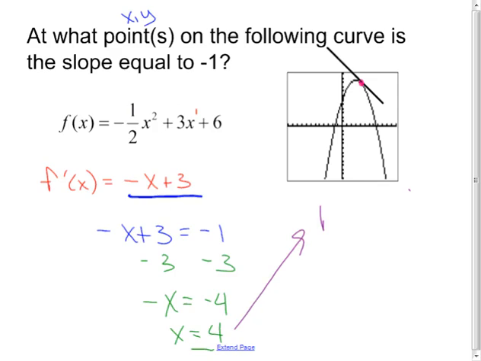So I'm going to do f of 4, which is going to give me negative 1/2 times 4 squared plus 3 times 4 plus 6. Now depending on who your teacher is, the amount of work you need to show might vary, but for me, the one thing I'm letting kids do in my class is getting this just set up to show that you're evaluating a function, and then go to your calculator.